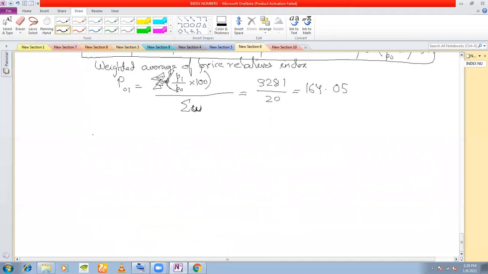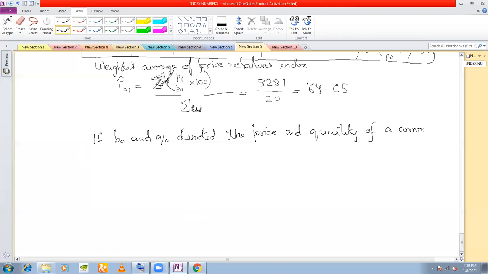Okay, the formula for this is, suppose P0 and Q0 denote the price and quantity of a commodity in the base year.